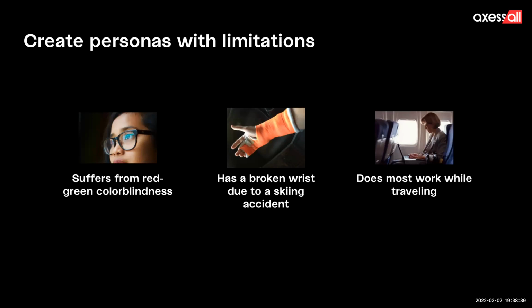People that do more work while traveling, so we need to think about these people as well. If we think about these kinds of people and include them in our personas when we design something, we are definitely serving a wider base of audience. So this is really important as well.